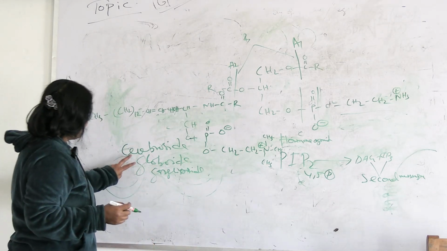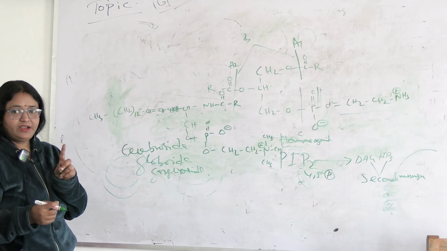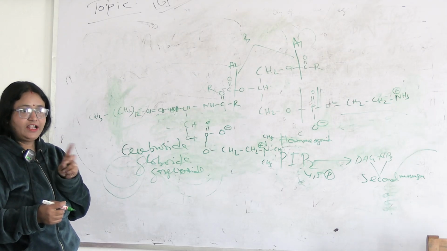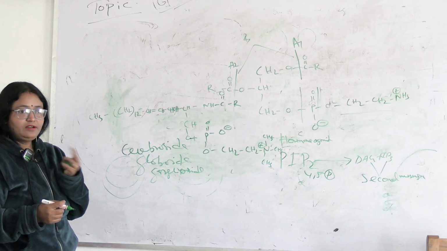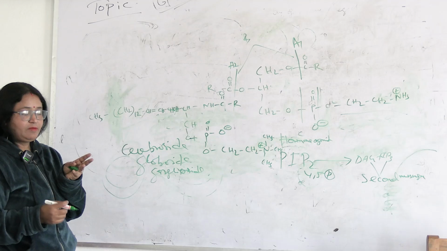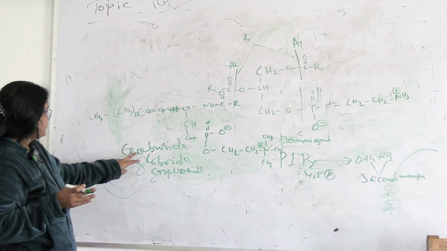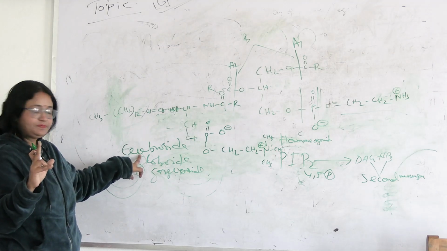Just a little bit of time. Cerebroside means only one carbohydrate is added to ceramide, either glucosyl ceramide or galactosyl ceramide. Galactosyl ceramide is normally present in nerve, and outside neural tissue it is glucosyl ceramide, with about 10% glucosyl ceramide in brain also. So cerebroside is ceramide plus one carbohydrate.